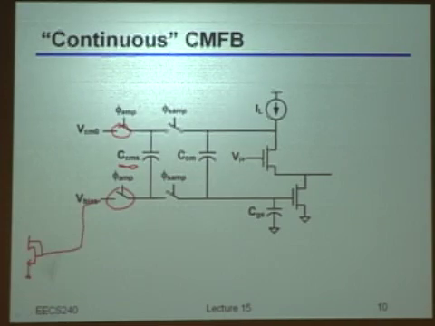And now I have an initialization phase that actually uses both phi amp and phi samp, right? So I need to study what happens in both phases. Let's see what happens in phi amp. I have the CCMS here, which is directly connected to the VCM0 and the V-bias.